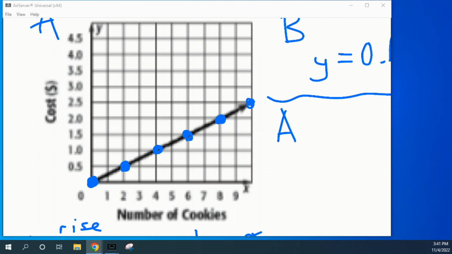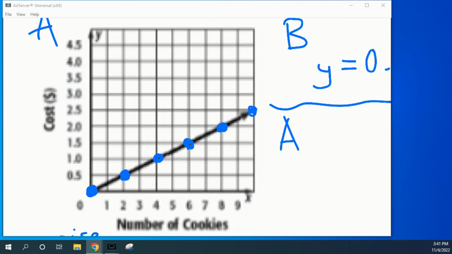But my cost is counting by 0.5. So what I'm going to do, and what I did in class, is I'm going to start at 1, and I'm going to go to 2, because that's going to give me a rise of 1 exactly. So here is where 1 is. I'm going to go up until I hit that line of 2, and then I'm going to go to the right to complete my rise and run.